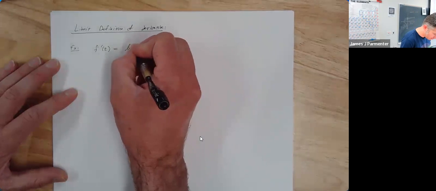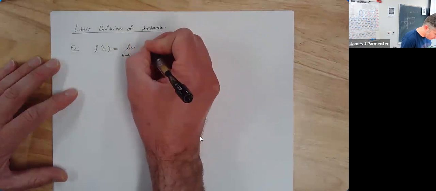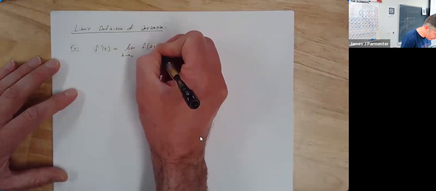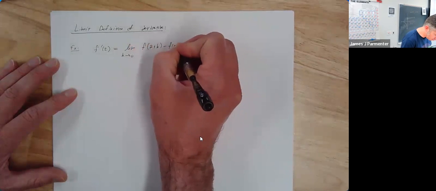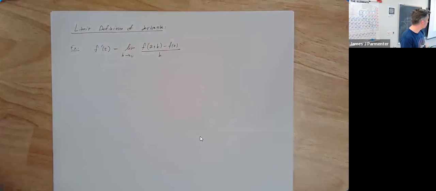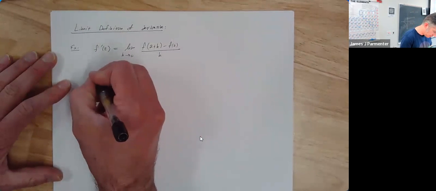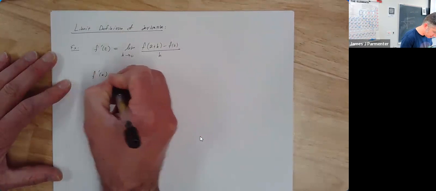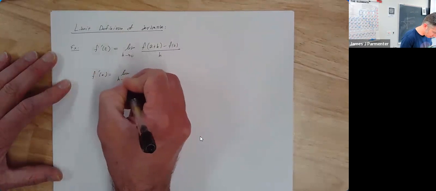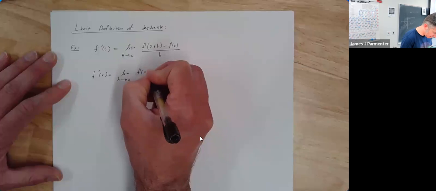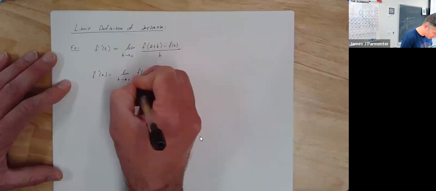That'd be the limit as h goes to 0 of f of 2 plus h minus f of 2, all over h. But then we started to get more general. We said, well, I can do that really for any point a. We said f prime of a was the limit as h goes to 0 of f of a plus h minus f of a, all over h.